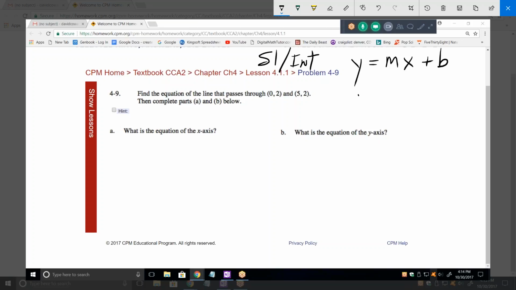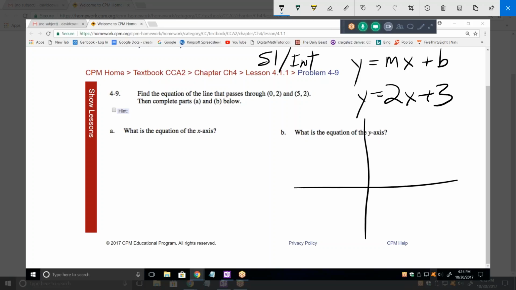In other words, if I told you graph this, where would you start? 3. And then what would you do? There's 1 point. Would you go to the 2x? I would go up 2 and over 1 to the right.